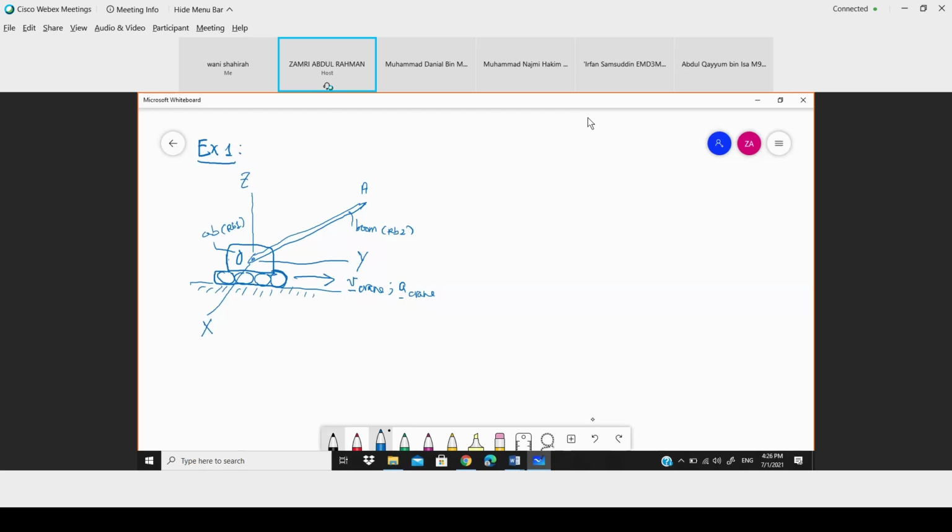Now, to get started, let us choose such that small x, small y, and small z are parallel to capital X, Y, Z respectively. So the cab will have the angular velocity omega 1 like this, and its rate of change, let's say we have omega 1 dot.